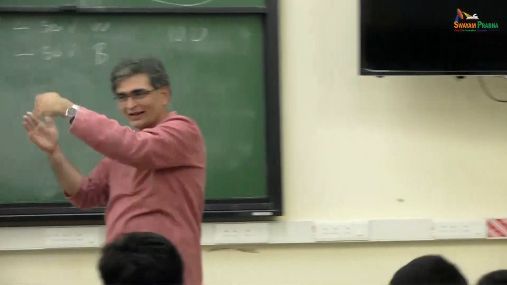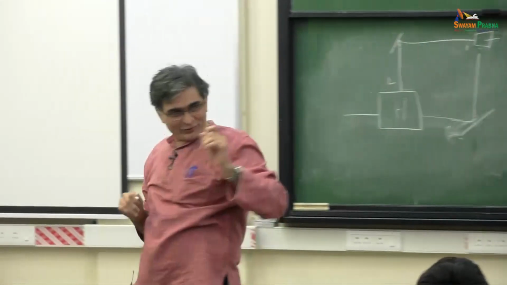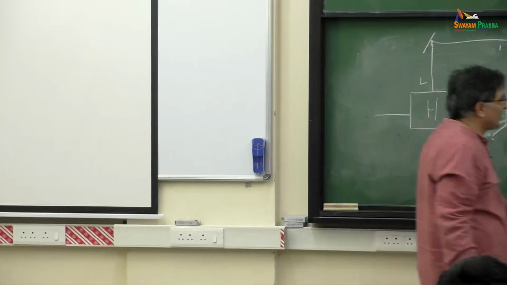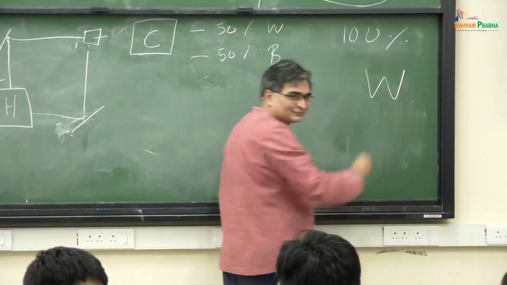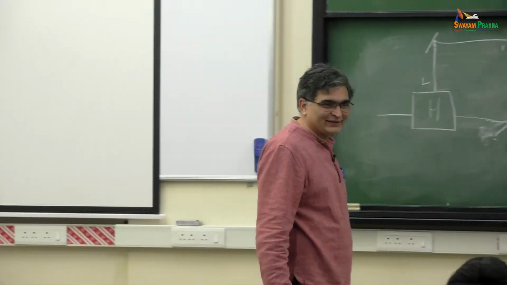But I know that it is doing something and finally going along that same path. The answer is 100% white. It's really strange, no? What is going on? There is no logic that can explain this.